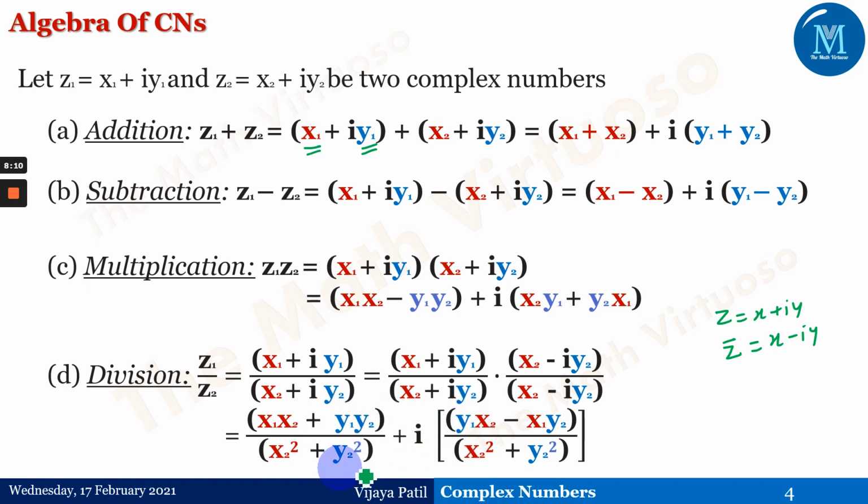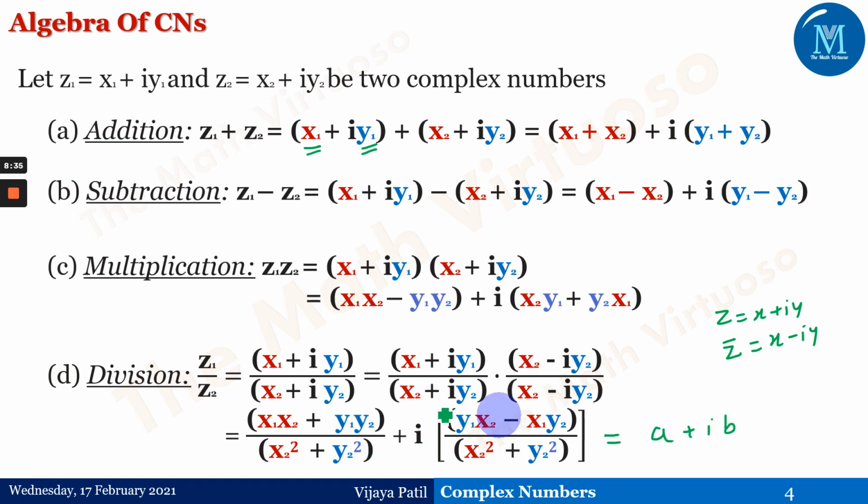Purposely I have done the real part and the imaginary part separately, but you can just combine it as x1 x2 plus y1 y2 plus i times y1 x2 minus x1 y2 in the numerator, and the denominator would be x2 square plus y2 square. That can be done here in the division, but I purposely tried to express this as a plus i times b.